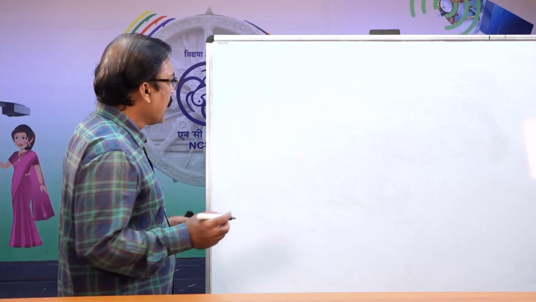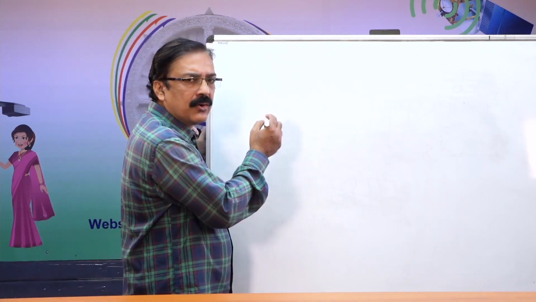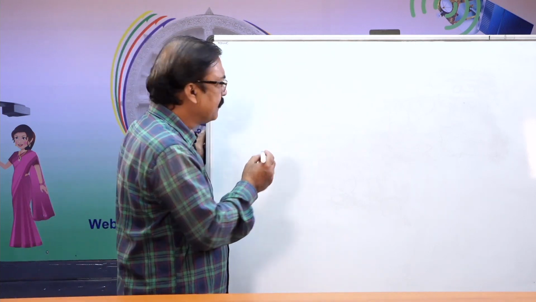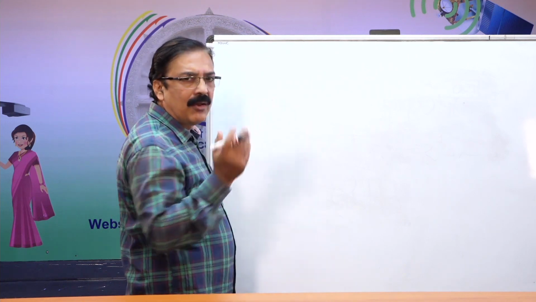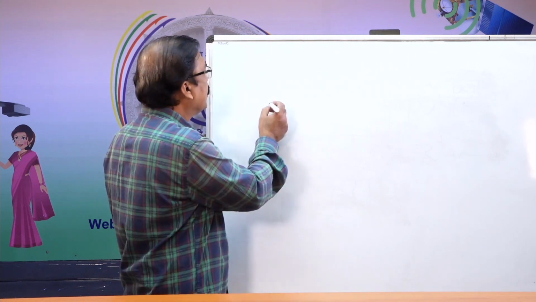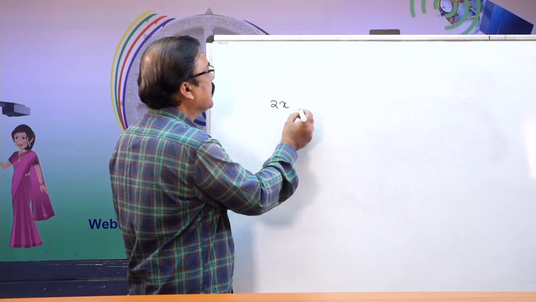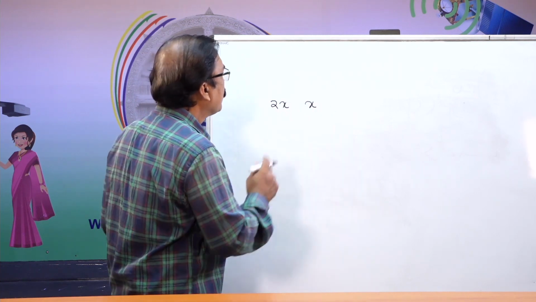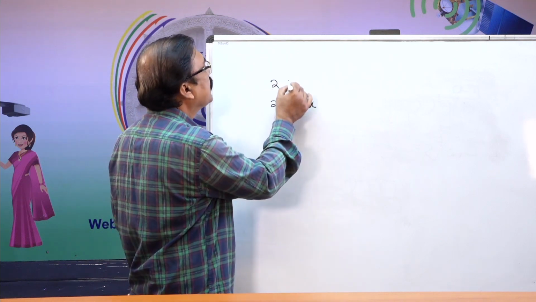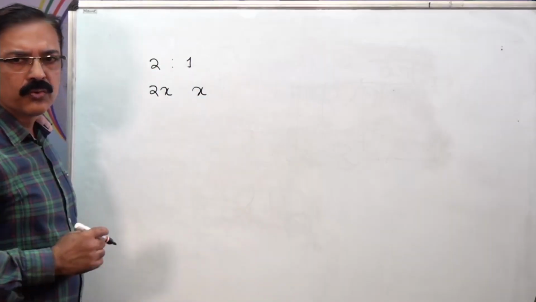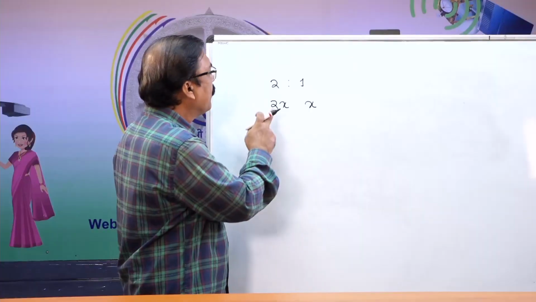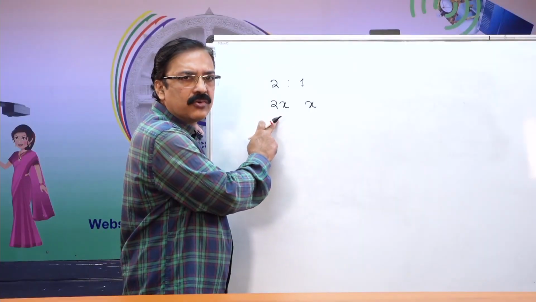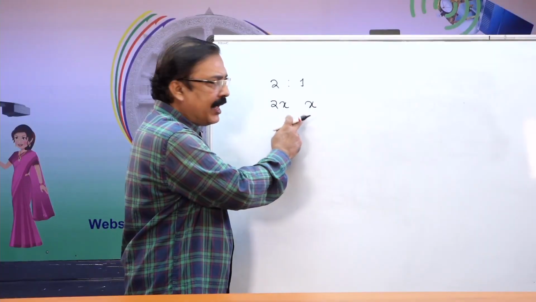So in this case, what to do? The angles are in the ratio 2:1, so we can write the values as 2x and x degrees.